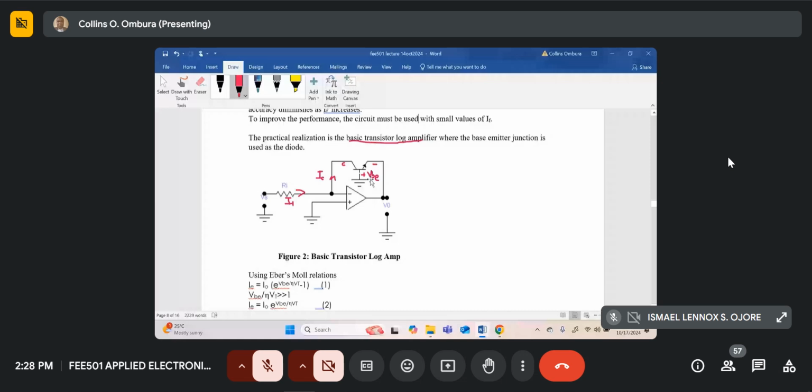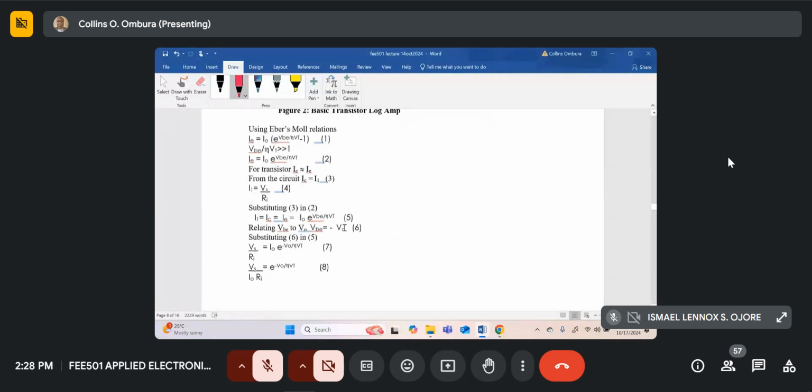So let's substitute this result in equation 5. Instead of VBE in equation 5, you're going to put minus V naught. So you'll get 7, where I1, which is just Vs over R1, is equal to I naught e to the minus V naught over neta Vt. Let's divide left-hand side, right-hand side of 7 by I naught.